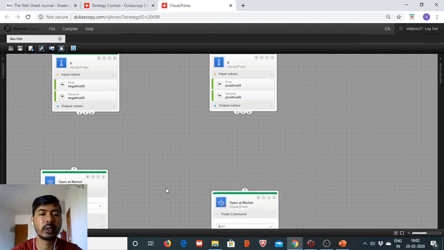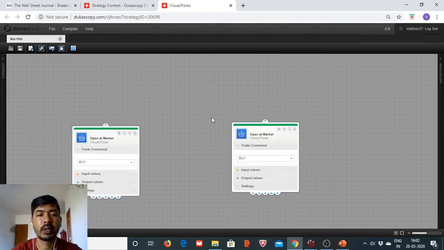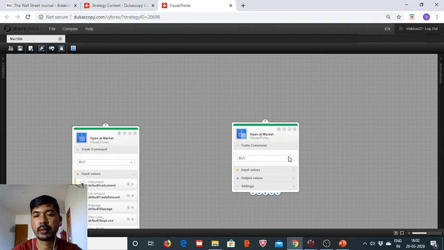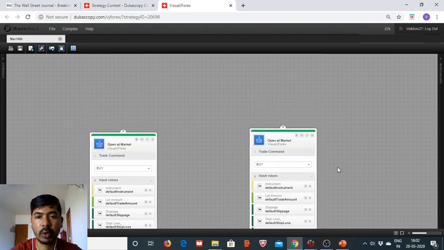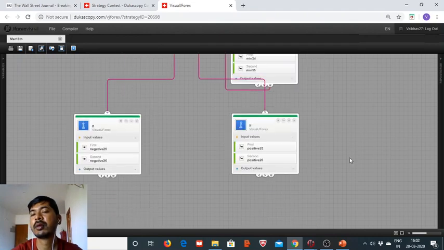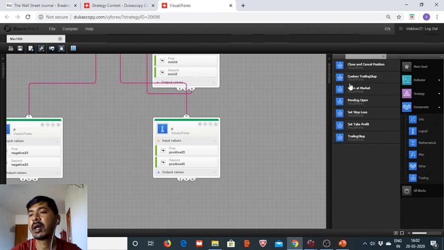And one condition now, which we will need to be added before we can connect the market open blocks, is that we want to check the last two candles of 10 seconds.